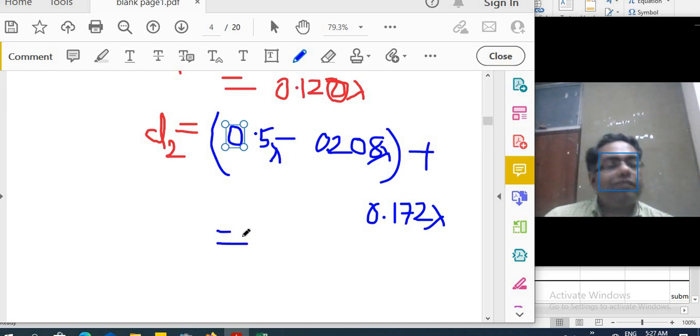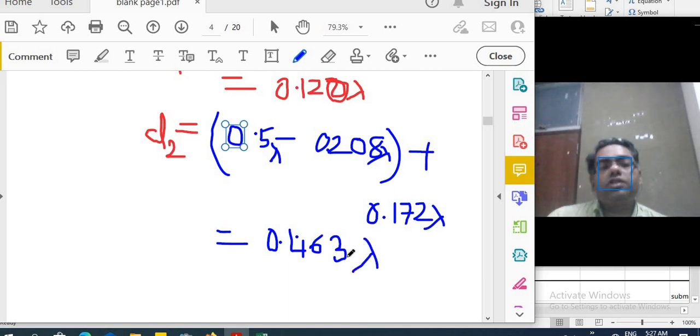So you will get the value of d2 as 0.463 lambda. This is the second solution.